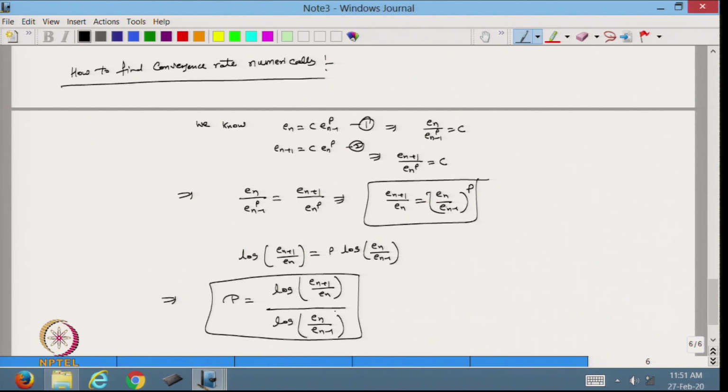So, to find the order of convergence, what do we need? We should have the values of En minus 1, En and En plus 1. So, suppose I have 3 points, that is the error I am getting at the En minus 1 step, then at En and then En plus 1. So, at the 3 points, if I know the error, then based on this error I can find the value of p.